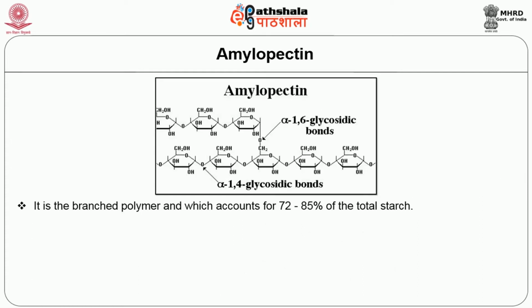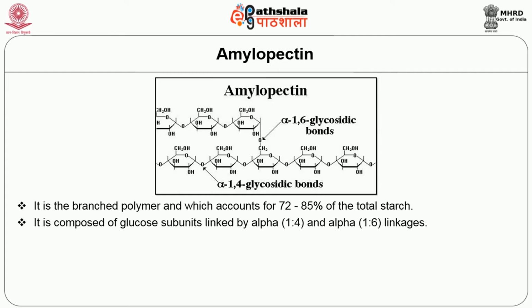Next we will see about amylopectin. It is the branched polymer which accounts for 72 to 80% of the total starch. It is composed of glucose subunits linked by alpha 1:4 and alpha 1:6 linkages. It has a molecular weight of 5000 to 50,000 glucose units.